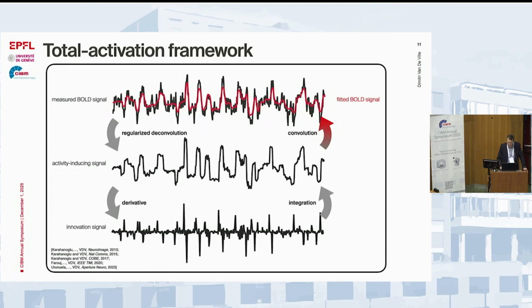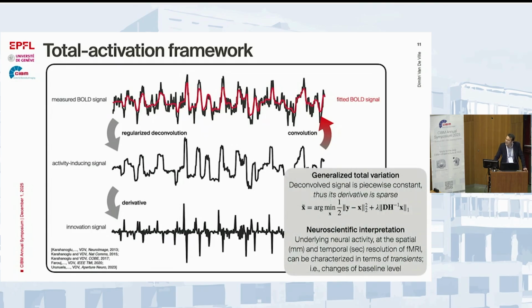Now, mathematically, that can be expressed as a generalization of the well-known total variation regularizer, which is essentially saying that the derivative of the deconvolved signal should be sparse, which you can express mathematically as an L1 norm of that signal.